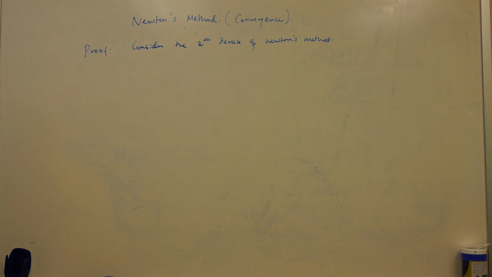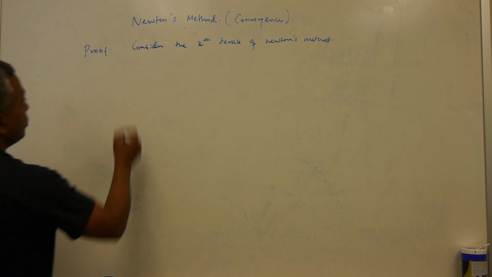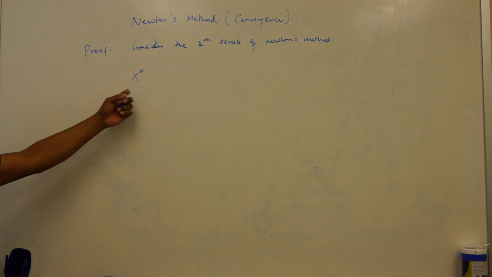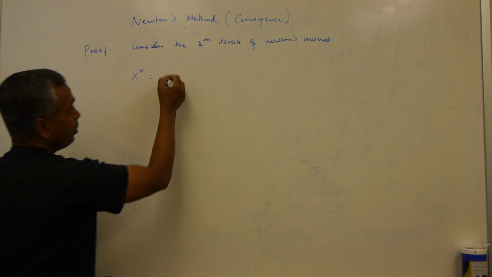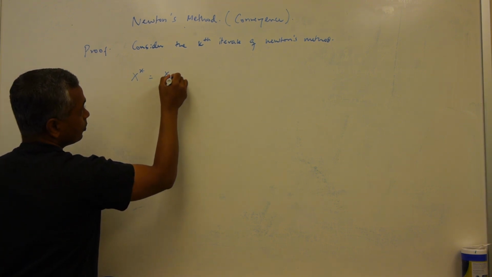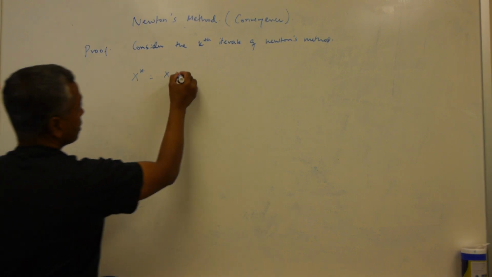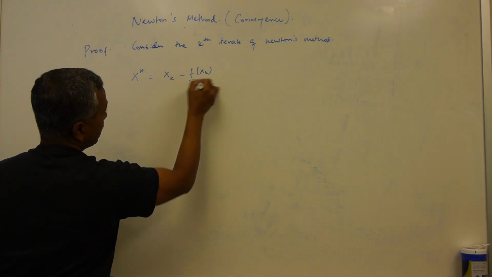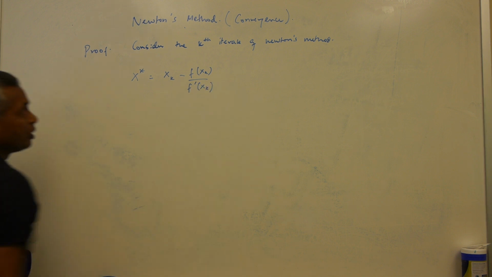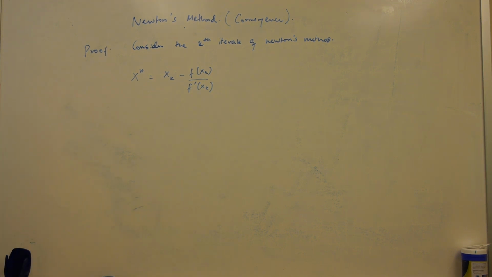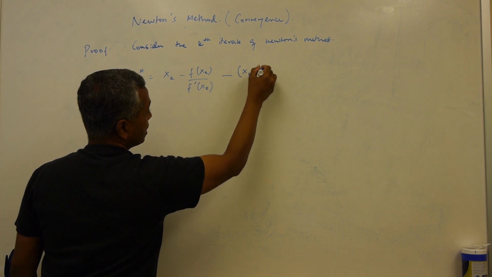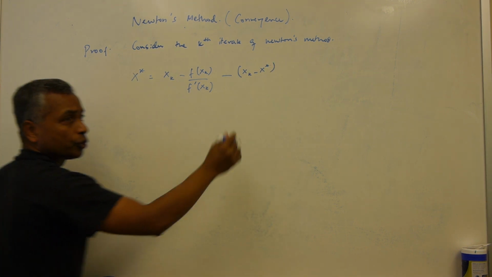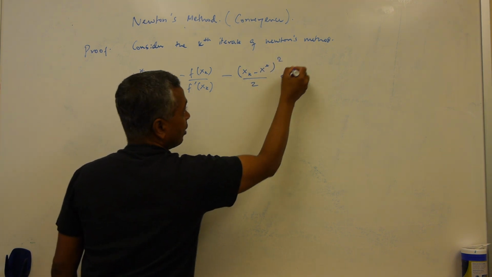Now remember, we're arguing that x star is the solution. So this is xk minus f of xk divided by f prime of xk. And remember there is a residual term here that I didn't consider. So this is simply minus xk minus x star, whole square, divided by 2 factorial f.